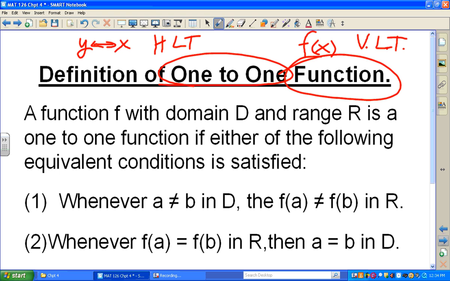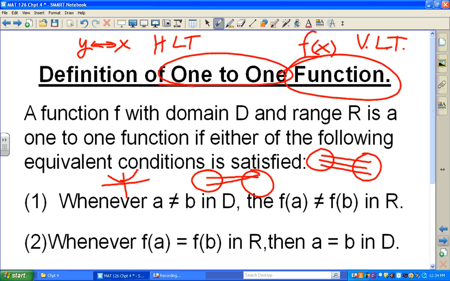So, a Venn diagram of this would look like 1-to-1, 1x, 1y. A function can look like this, 1x and another x to the same y. That's still a function. For instance, x squared.